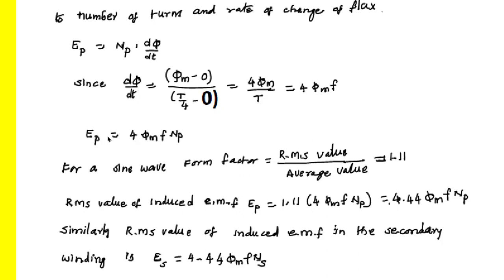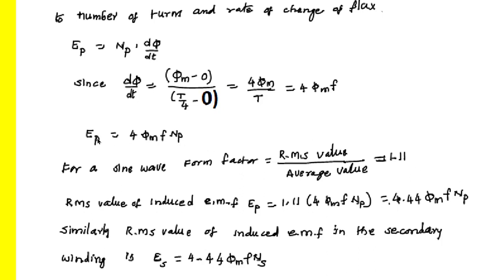But in AC circuits, we use only MI meters, which measure only the RMS value. And we know the shape of the waveform of the induced EMF is a sine wave, and for a sine wave the form factor, which is the RMS value divided by the average value, is equal to 1.11.